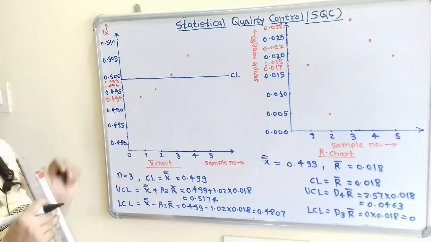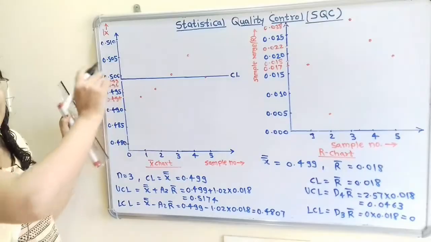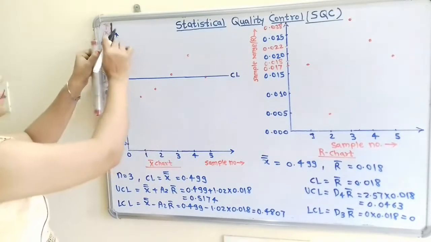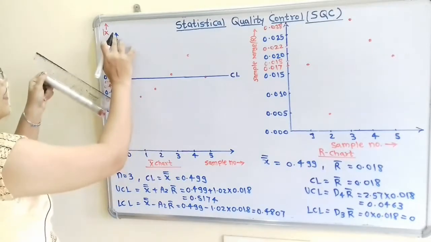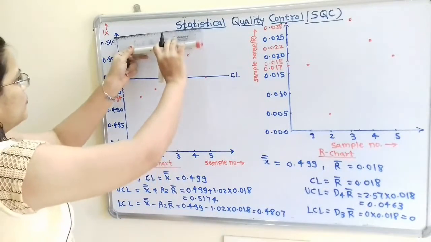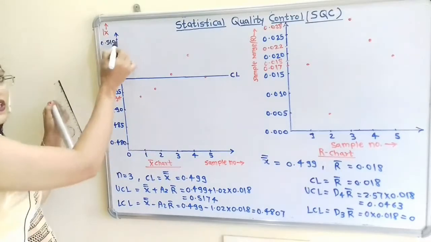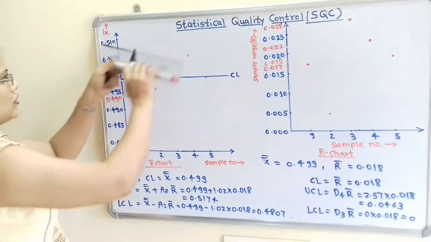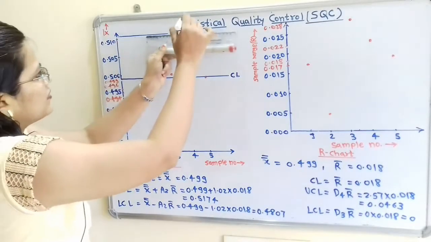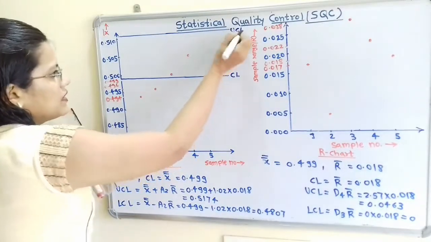So we have to draw one line here. Here is 0.510. Then, because of limited space available, after this I will take 7 centimeter and draw one line for 0.5174, slightly upward. This is the upper control limit, that is UCL.